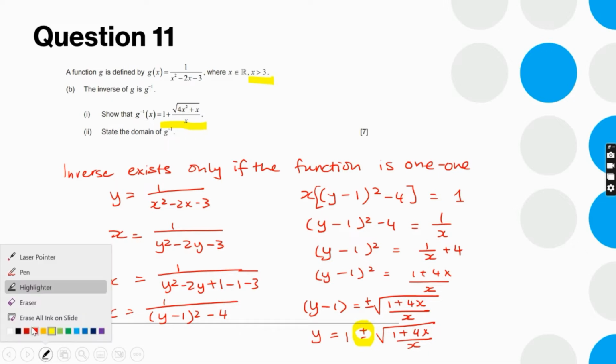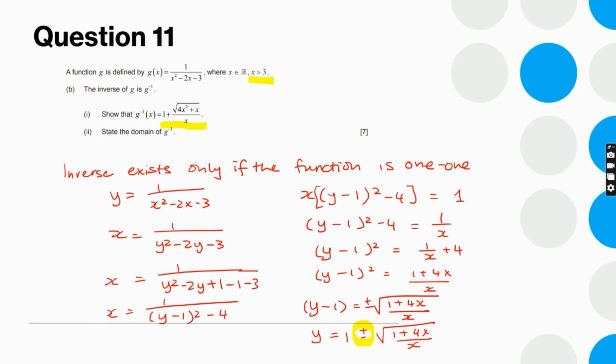But even then, you realize that there's some slight difference between the answer that I've written and the answer given in the question. So what is the difference? The difference is that the square root actually is applicable for the whole entire term inside. So I have to do something to the denominator to make it the same.